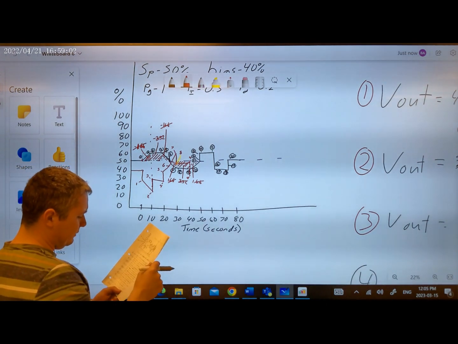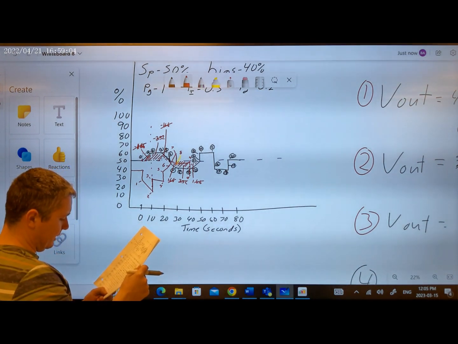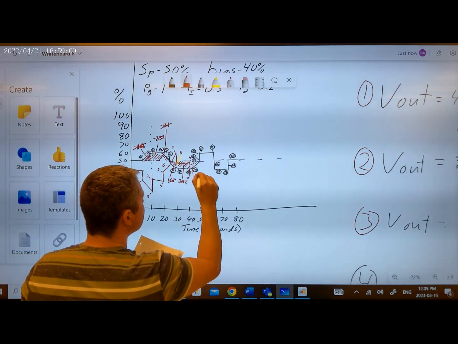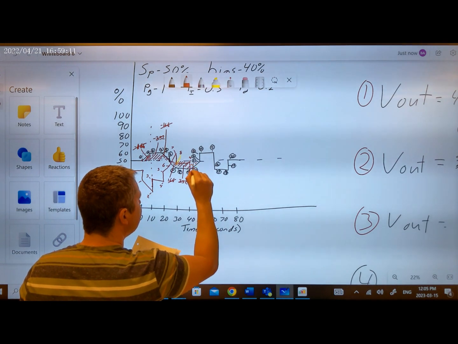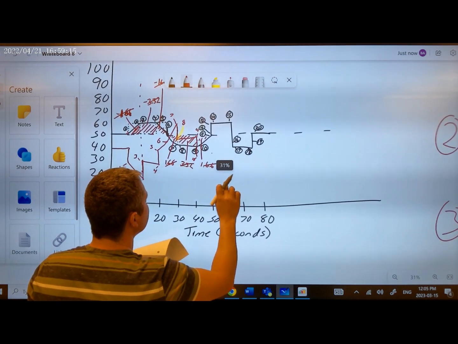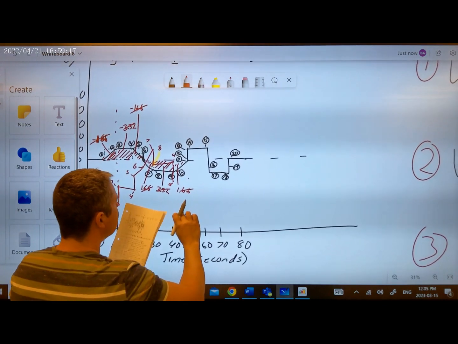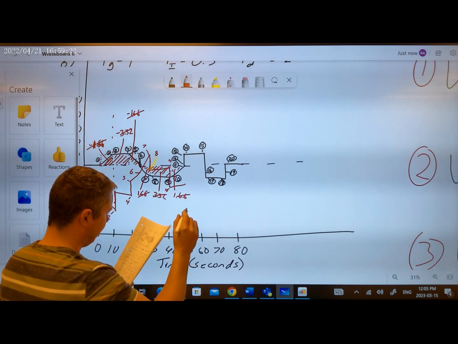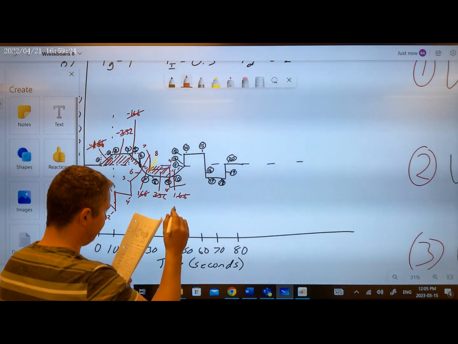So now we have 27. So we drop to 27. Let me see, where are we here? So we actually still increased. Is that correct? That is not correct.